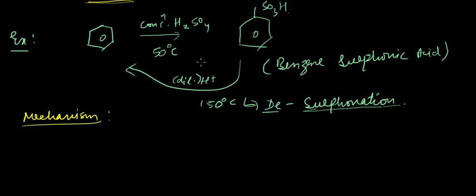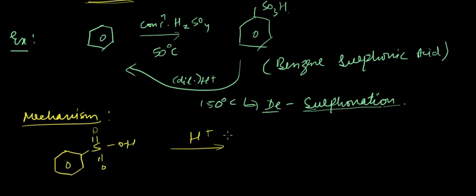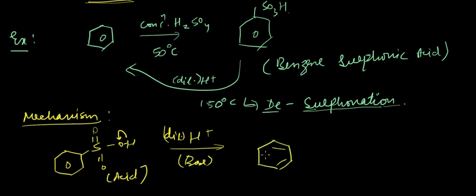As I mentioned, we are taking a dilute acid so that our benzene sulfonic acid can act as an acid here, and let's say I have this dilute H plus, which will act as a base. This will act as an acid. So this O–H bond will break to create a negative charge here. So what we will get is something like this, with H plus here.